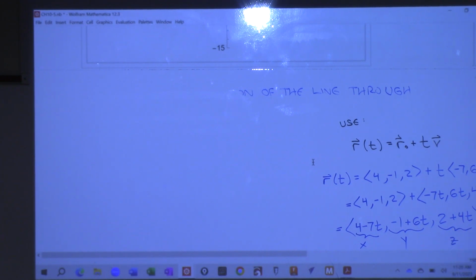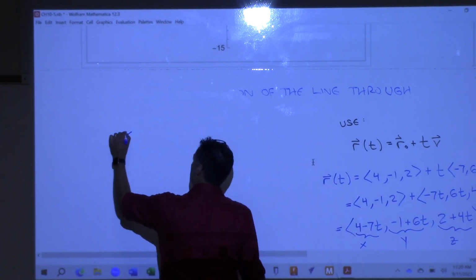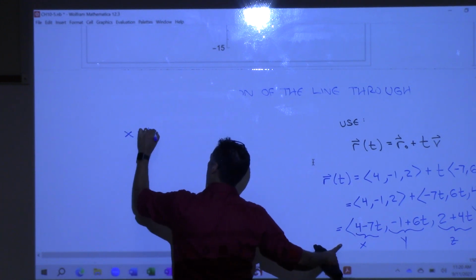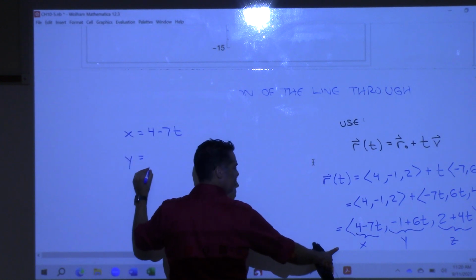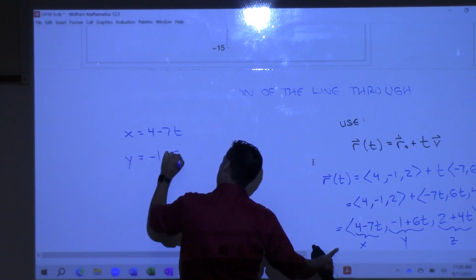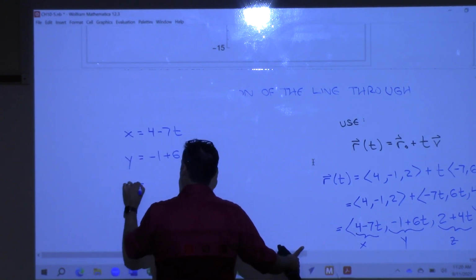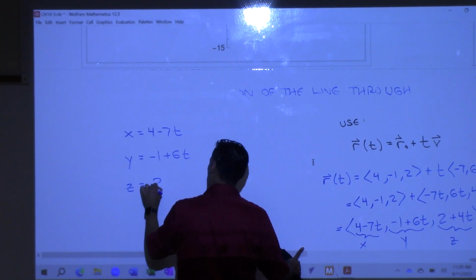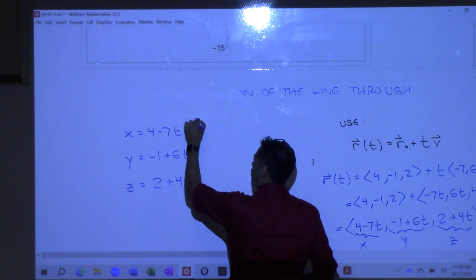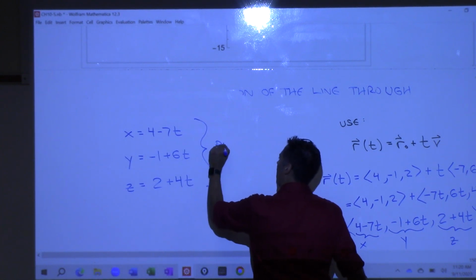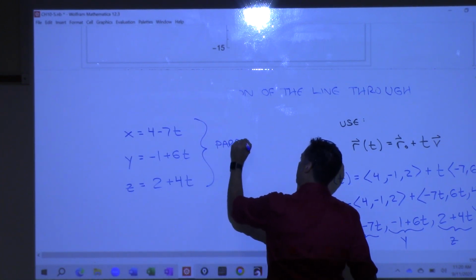So I could actually write down x is equal to 4 minus 7t. I could write down y is equal to negative 1 plus 6t. And I could write down that z is equal to 2 plus 4t, right? These three equations are known as the parametric equations of the line.